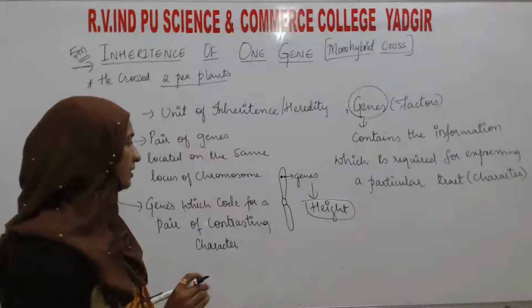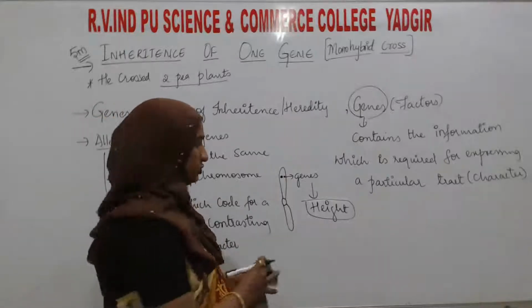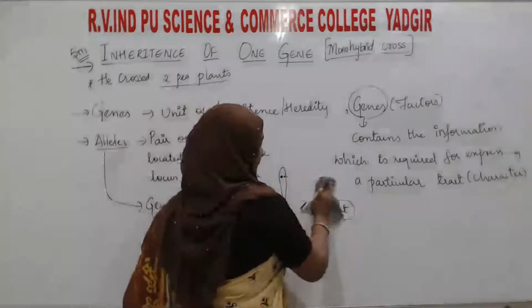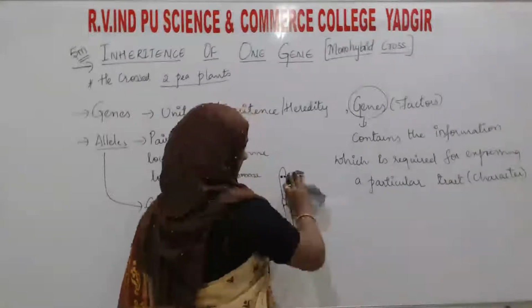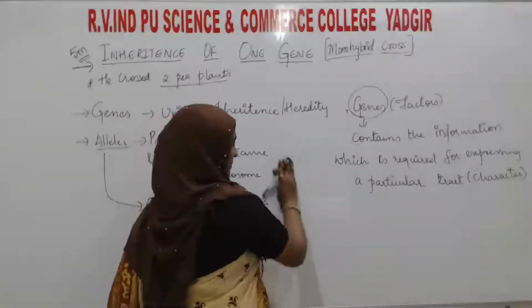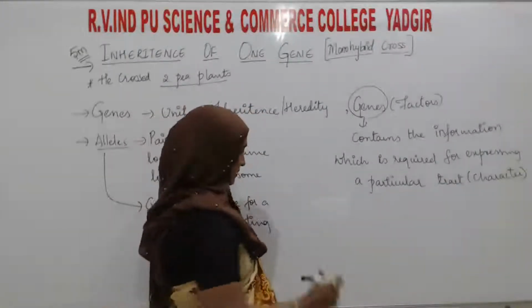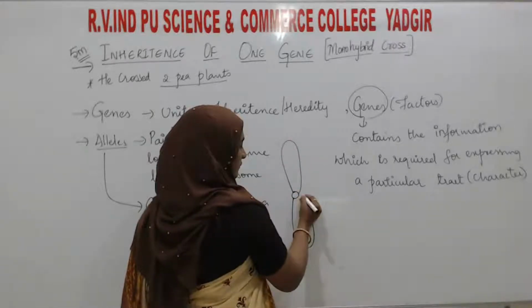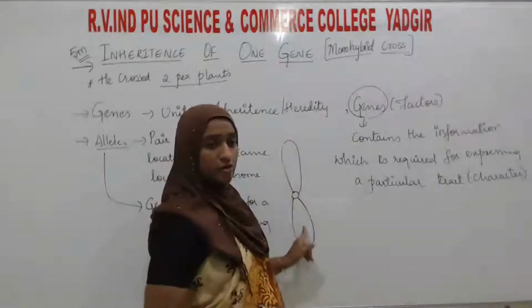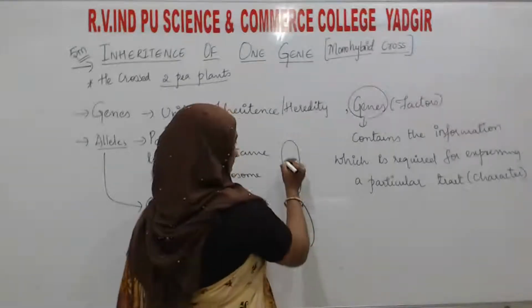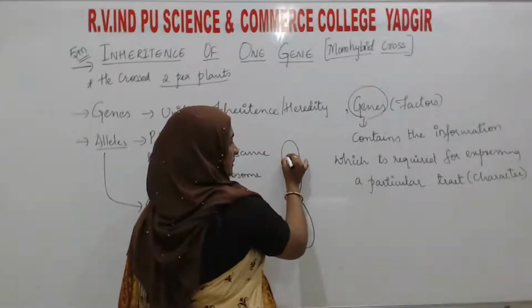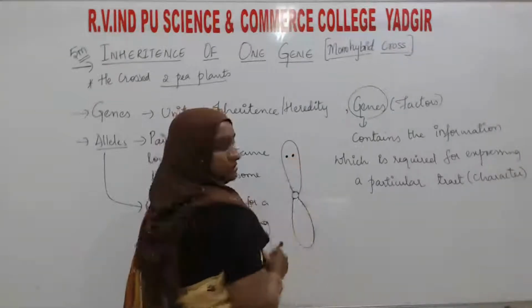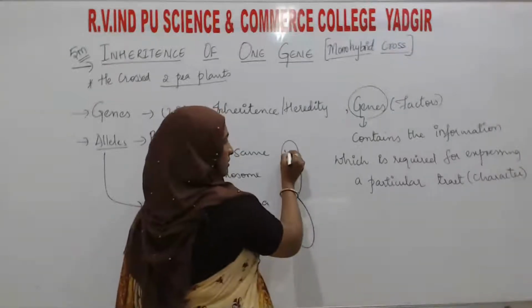First of all, as I show you here, this is the chromosome. In this chromosome, there is a pair of genes. This is one gene, this is the other gene. Gene number 1, gene number 2.